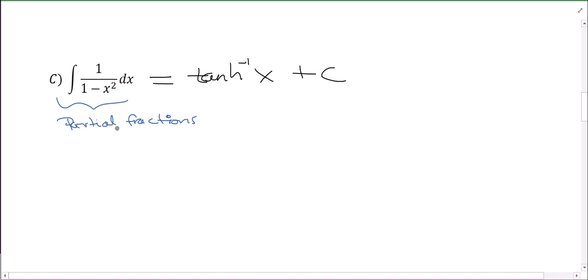This is a pretty involved process of doing partial fraction decomposition to be able to solve this integral, and in the end you end up getting the same answer. So knowing your hyperbolic inverse derivatives forwards and backwards is going to become really, really helpful in Calc 2.